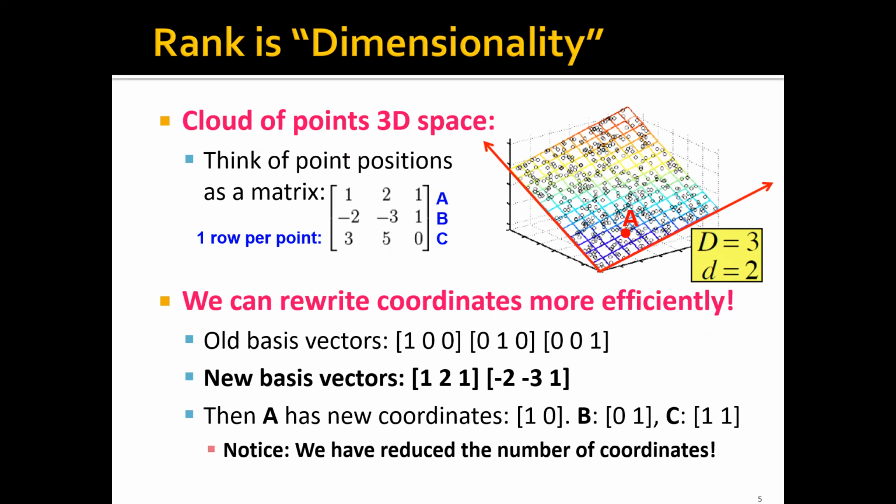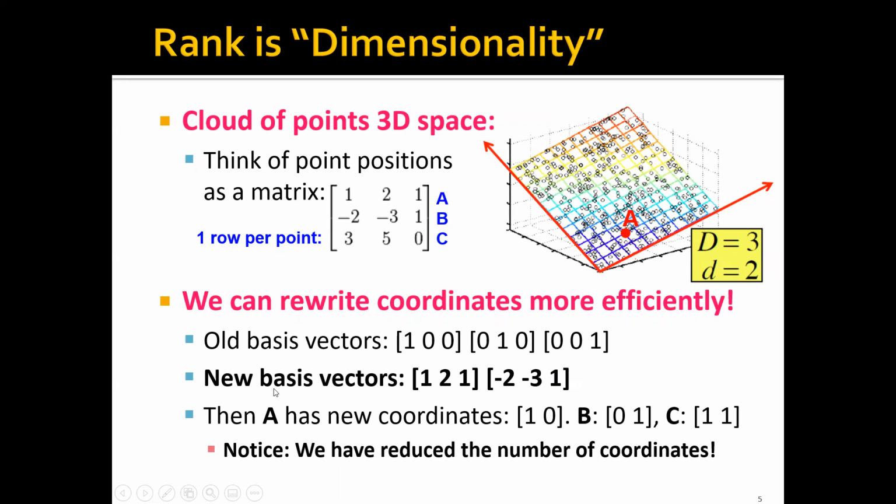Going back to the example of the 3x3 matrix, let's say that we have row A, row B, and row C. If we use the old basis vectors, which are 1, 0, 0, 0, 1, 0, and 0, 0, 1, so these are basically the original XYZ axes, we have no choice but to represent these 3 data points using 3 coordinates.